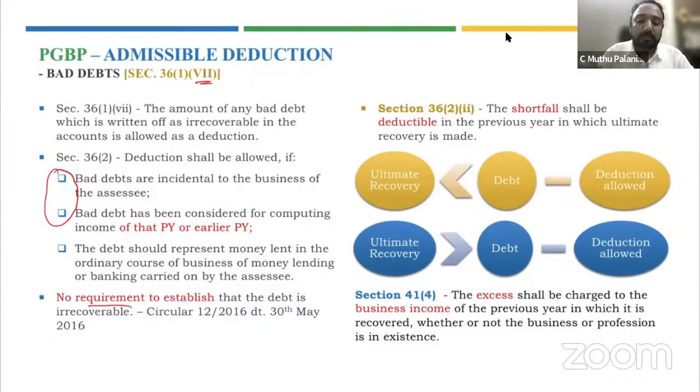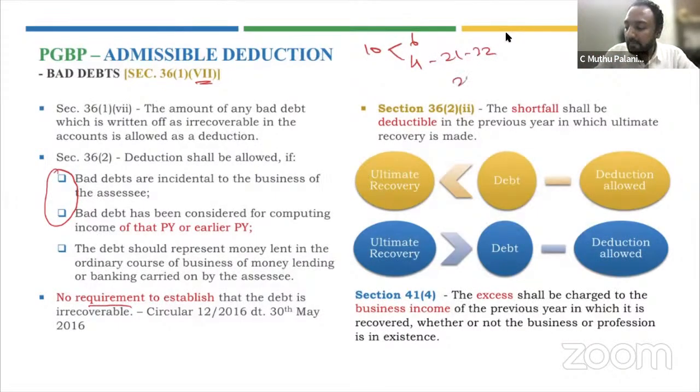And what if subsequently in bad debt, you are receiving short or receiving more than that? For example, if my debtor is 10, I am considering 6 as receivable and 4 as bad debt. Let's say this is in 21-22, this 4 rupees would have been treated as bad debt.